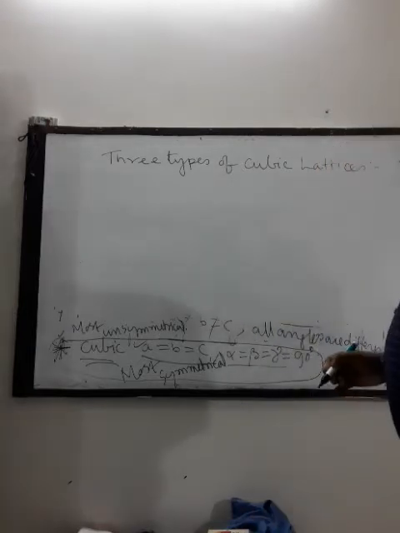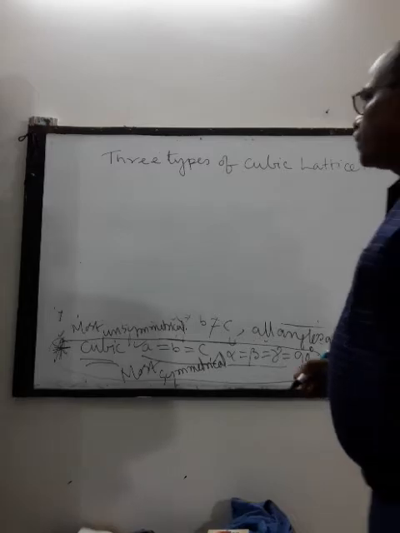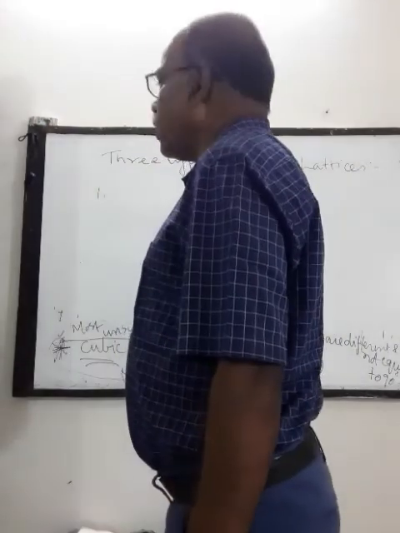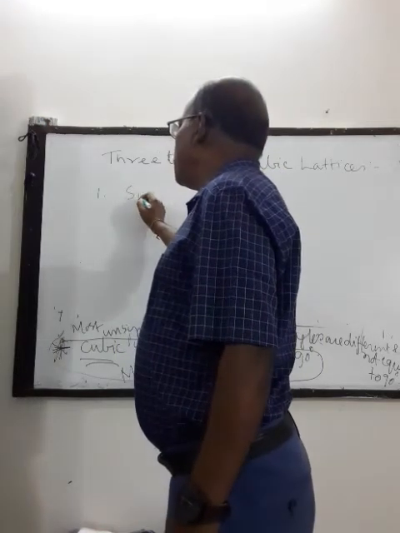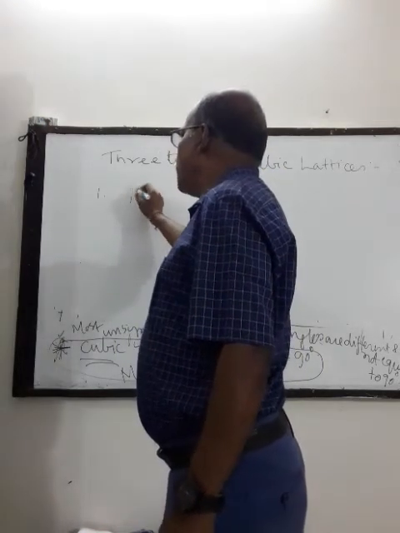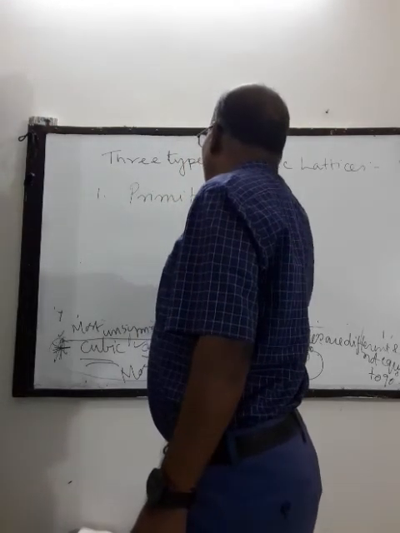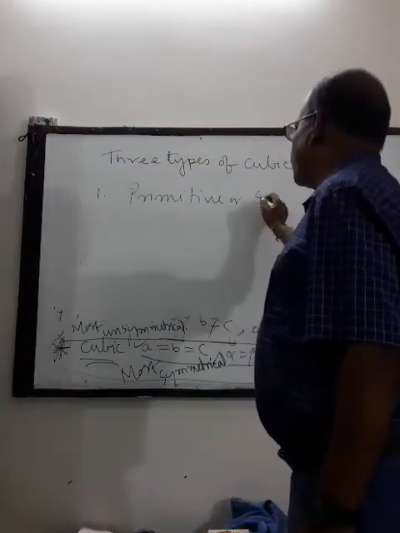Three types of cubic lattices. Number 1 is called simple primitive or simple cubic.